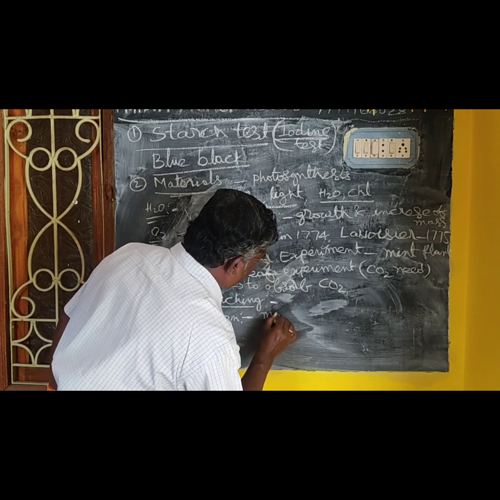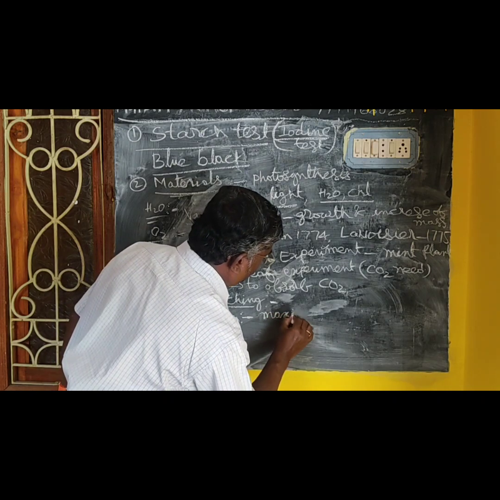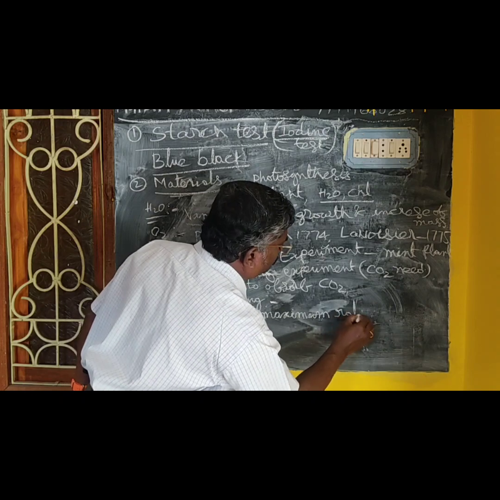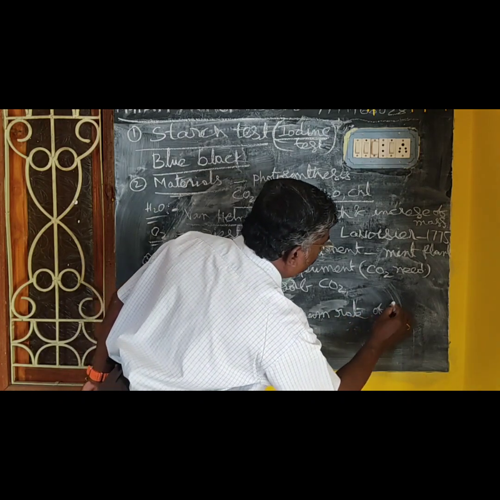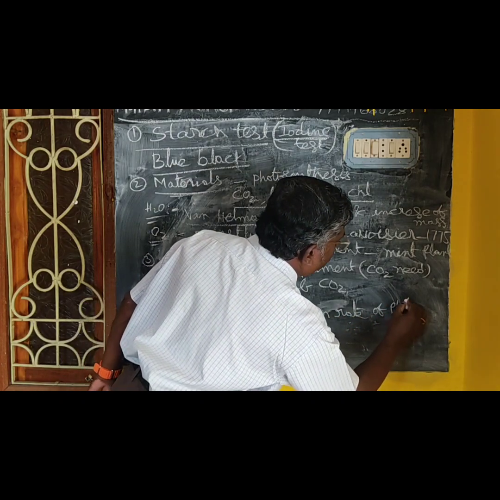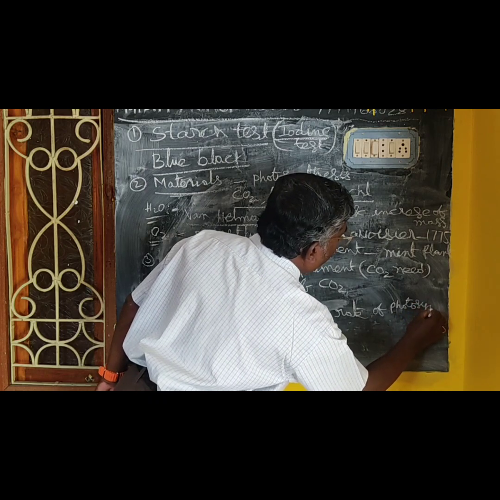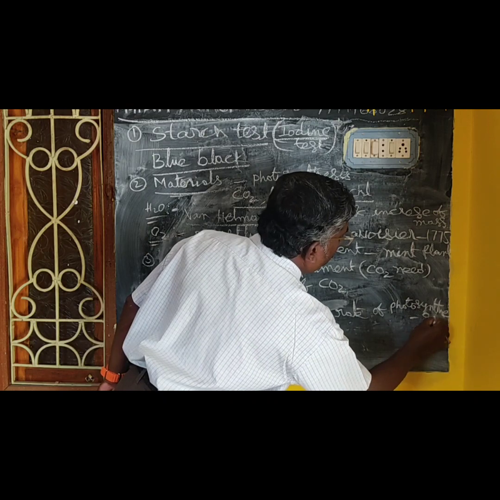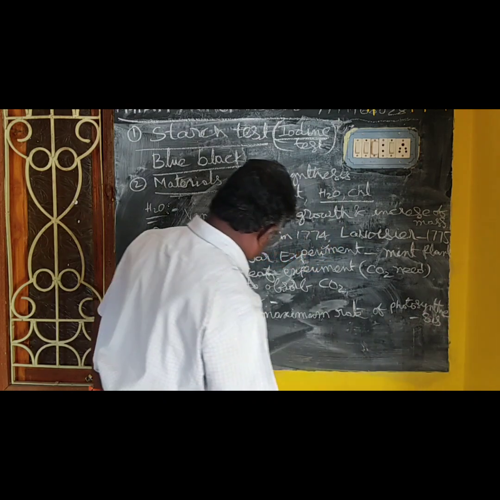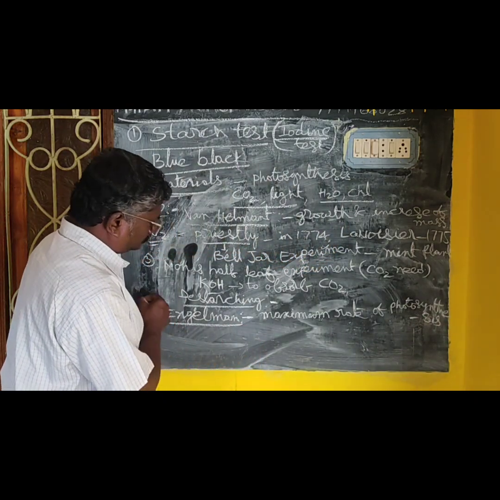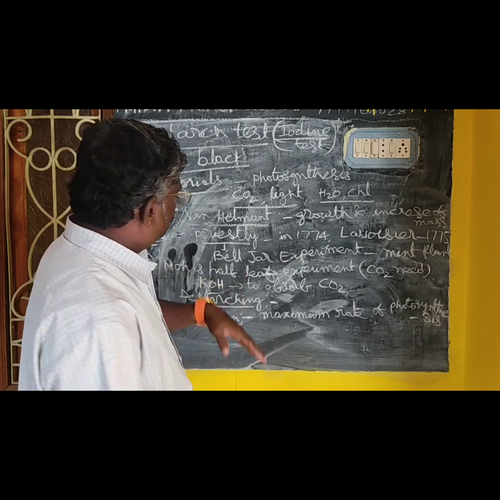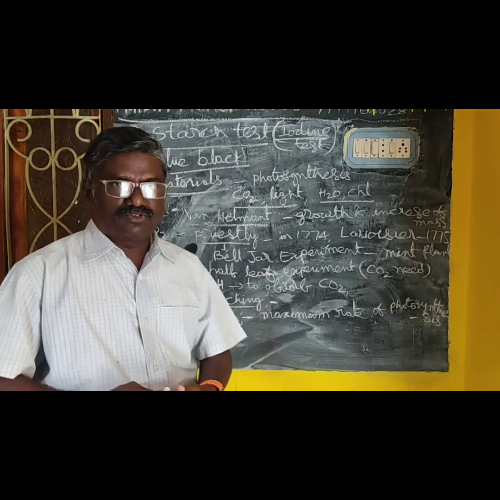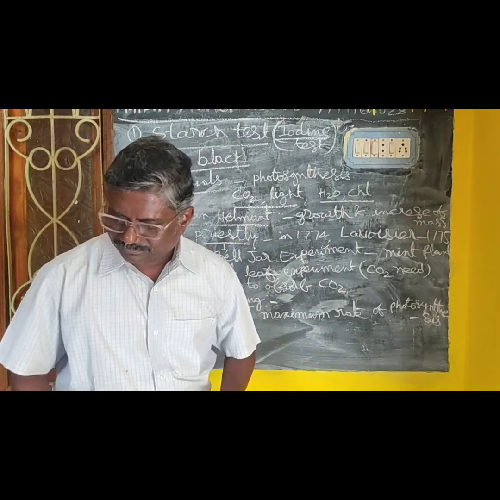So Engelmann, and Moll's half-leaf experiment: CO2 is needed, it is essential.